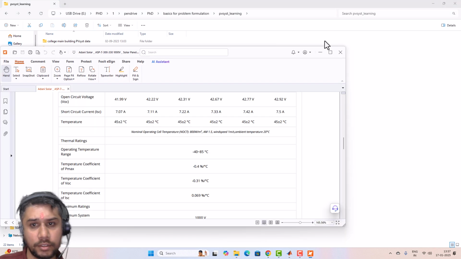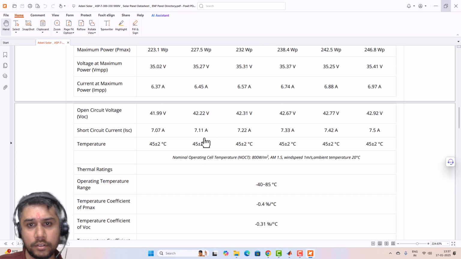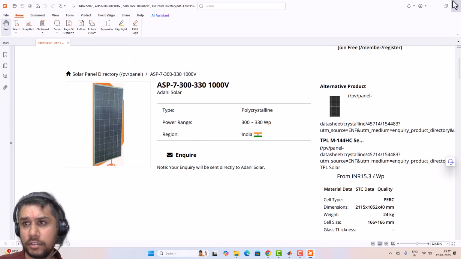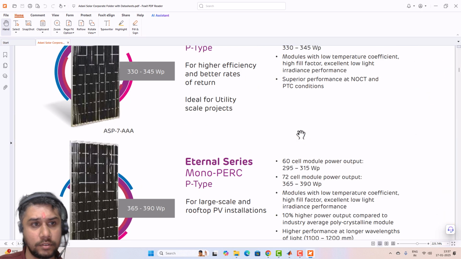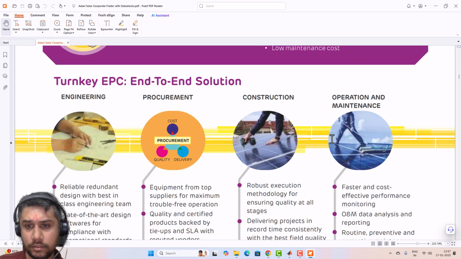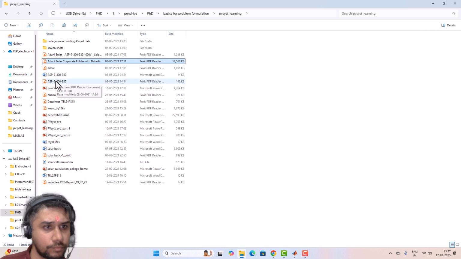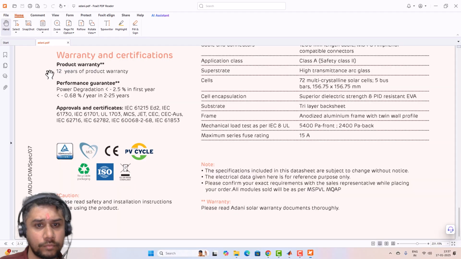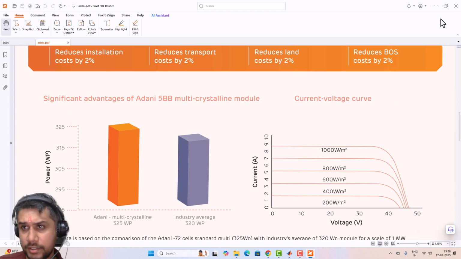Yes, it is the data sheet. If graph is, yes, no graph is available. So here it is, the graph or characteristics.